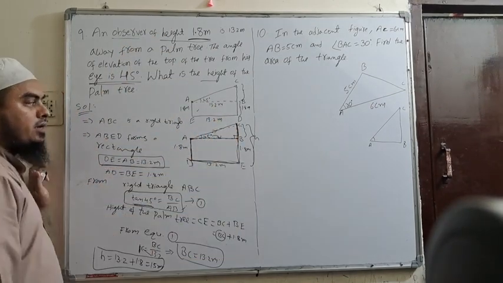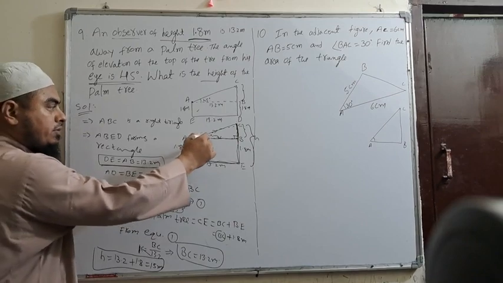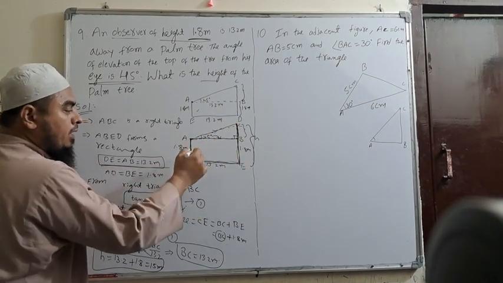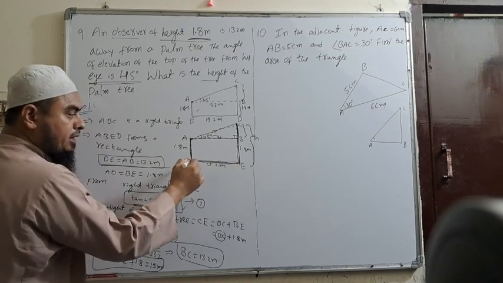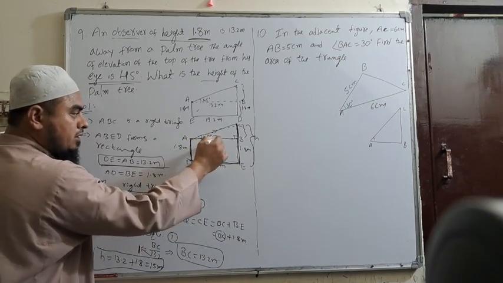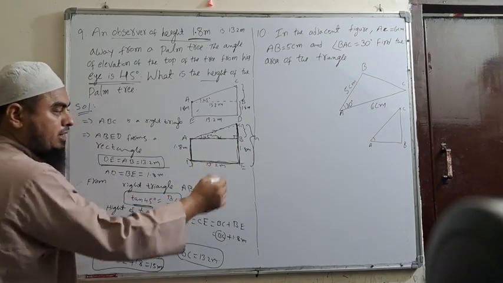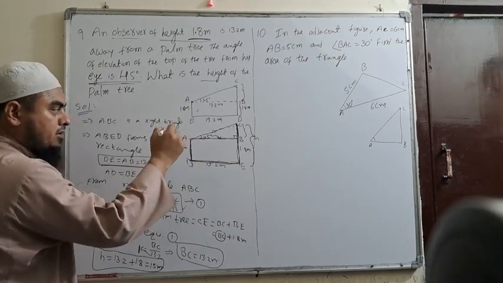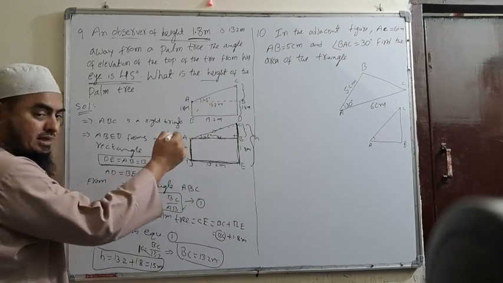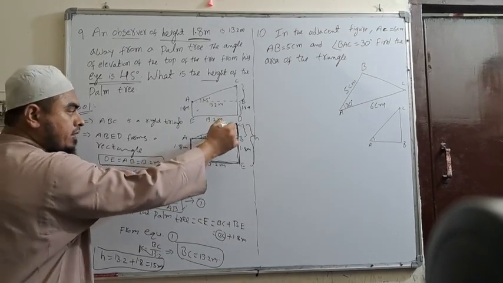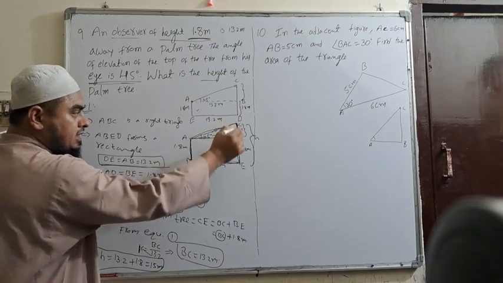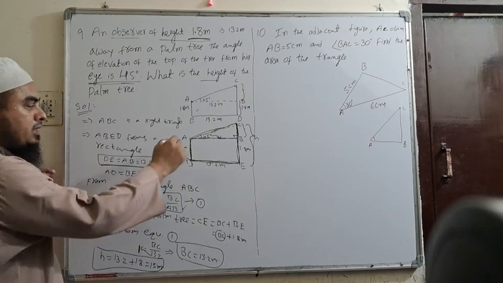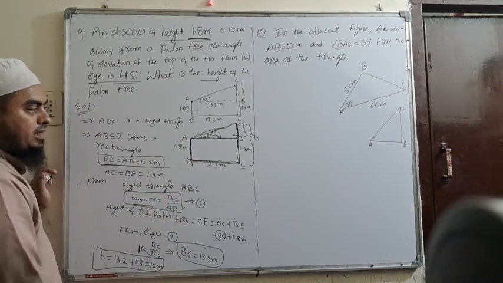So top of the palm tree you can consider. Now this is the height of the person, this is the palm tree, and this is the distance between the palm tree and the person. If you draw a straight line parallel to DE and join the head of the person, that is the eye point, and the top of the palm tree, we get this as AC. So the triangle ABC is formed, and ABED is a rectangle.